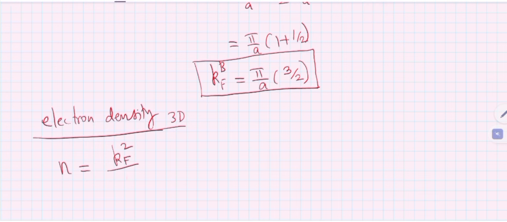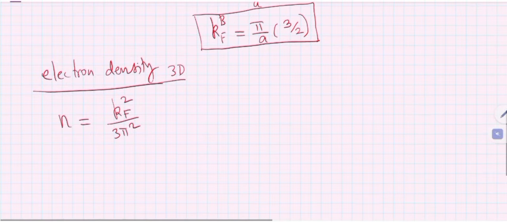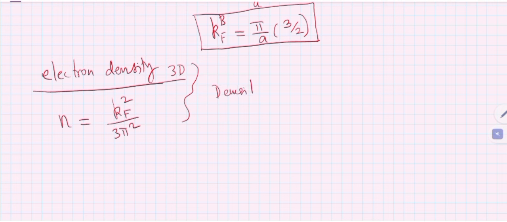3 pi square. This is for the 3-dimension case. So this is basically from density of state calculation.